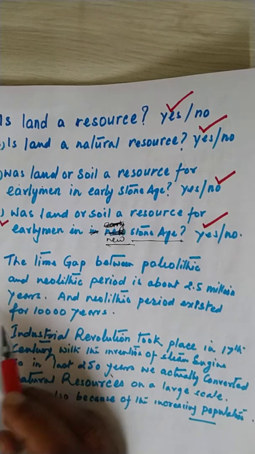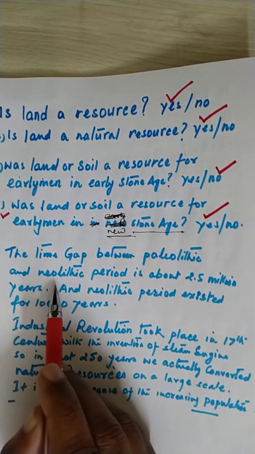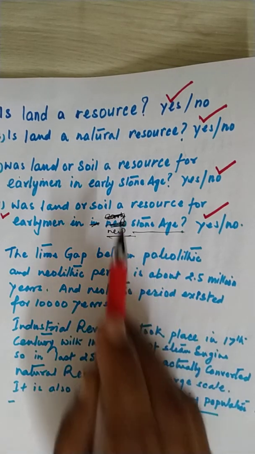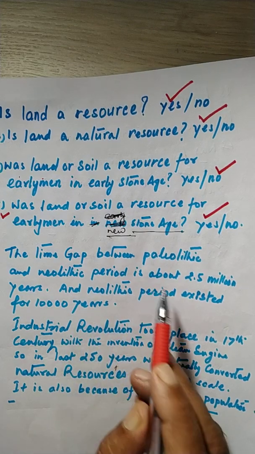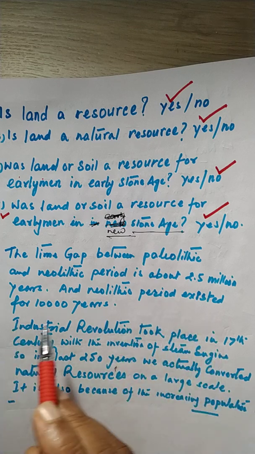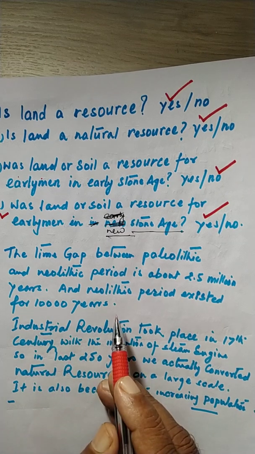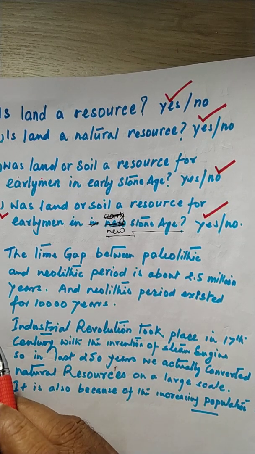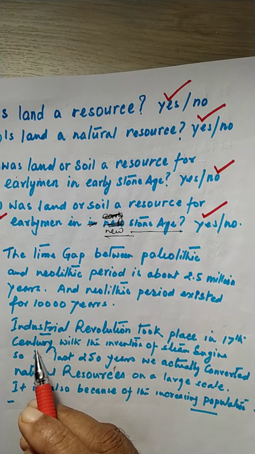But you see the time gap between Paleolithic and Neolithic period. Paleolithic means early Stone Age. Paleolithic period lasted about 2.5 million years, and Neolithic period existed for 10,000 years. So now you imagine how much time it took for the people to start using land as a resource.